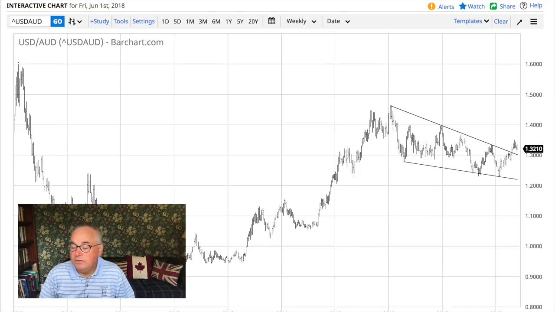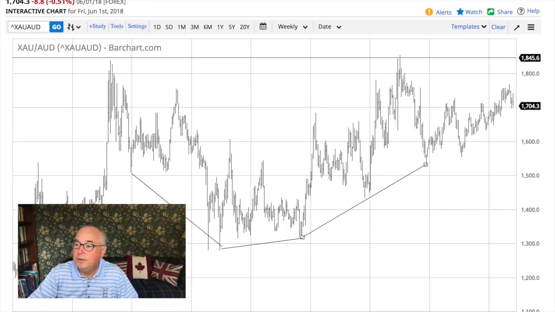We could stay in the range here, but the Aussie dollar is also looking a little bit on the weak side against the dollar, and gold as well has protected people in Australia from debasement of their currency. I mean, we're not back to the old high around 1850, but very near there, and we are, like with the Canadian dollar, making higher lows and higher highs. So that's the technical analysis.